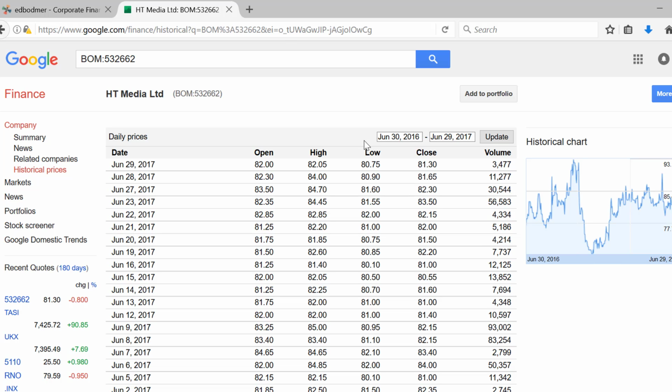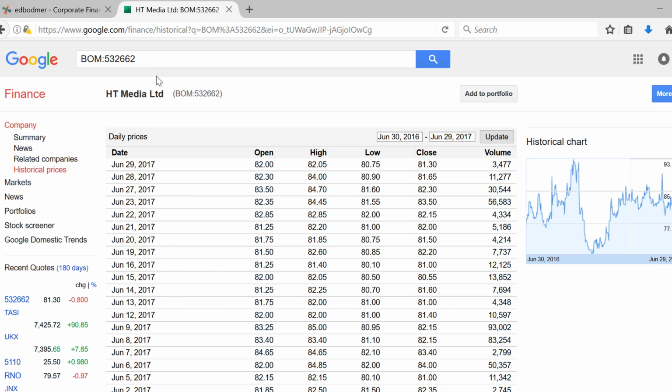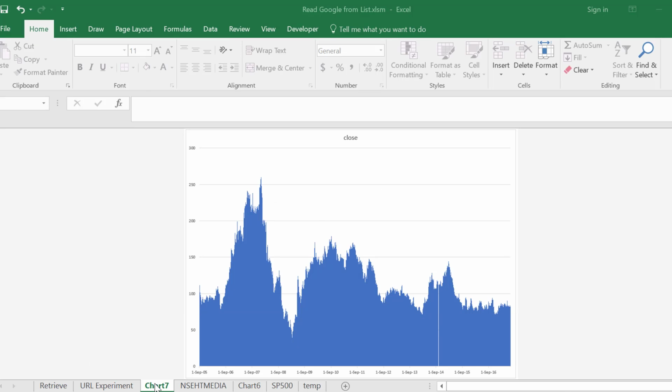What you have to do is you go up here and you redo the whole URL. Notice how it says Q Bombay something or other. You go through the whole URL, and then you have to download these one by one and put them back in a different sheet, and that's what I did up here.